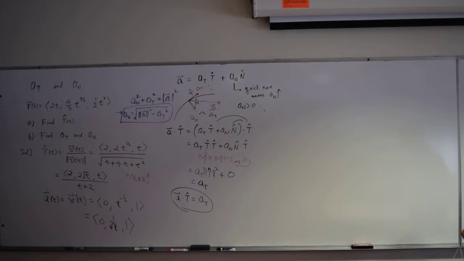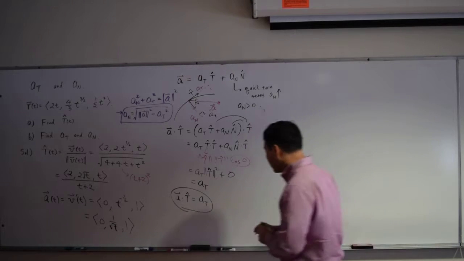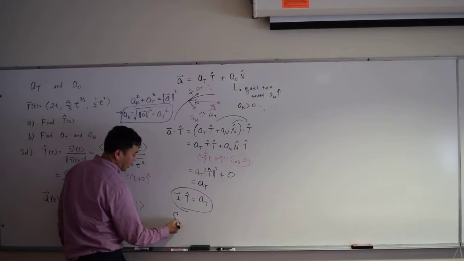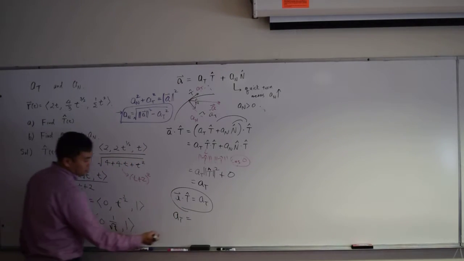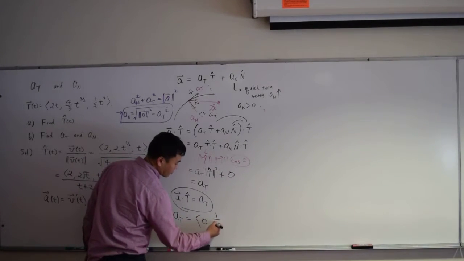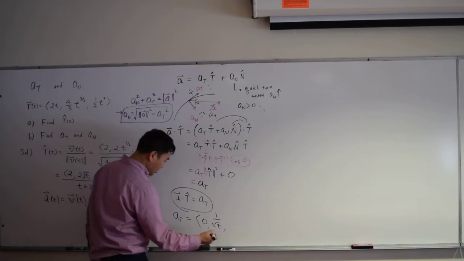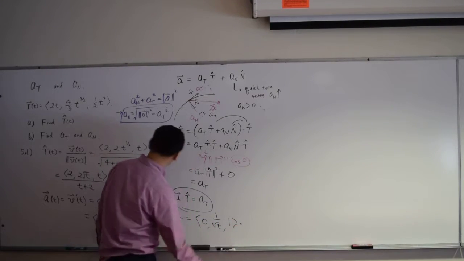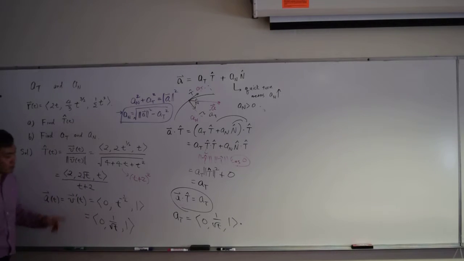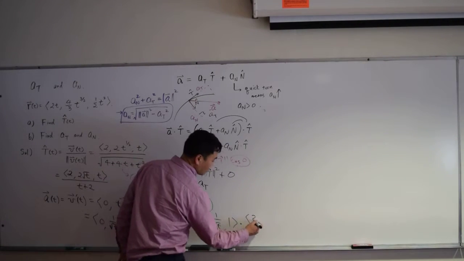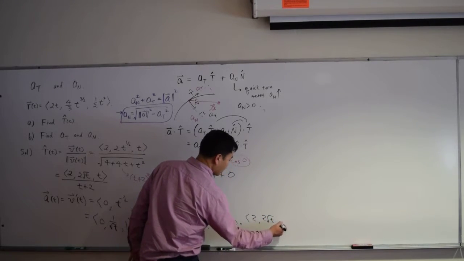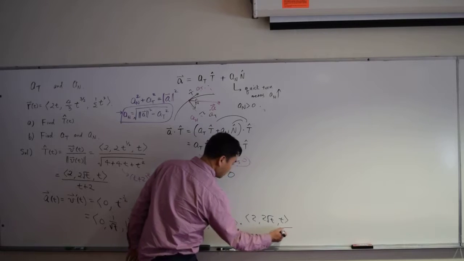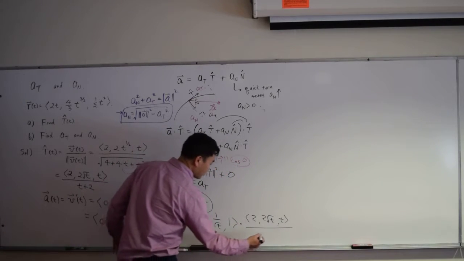So let's actually do the calculation with these two. The first thing is you have AT equals this 0, 1 over square root of t, 1, dotted with this vector 2 square root of t, t, divided by t plus 2.